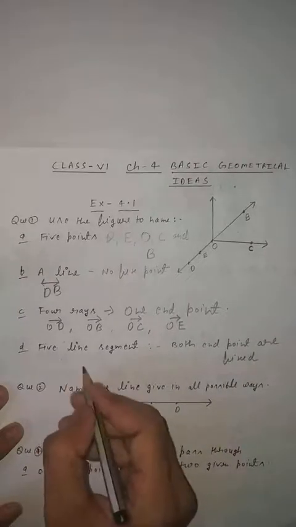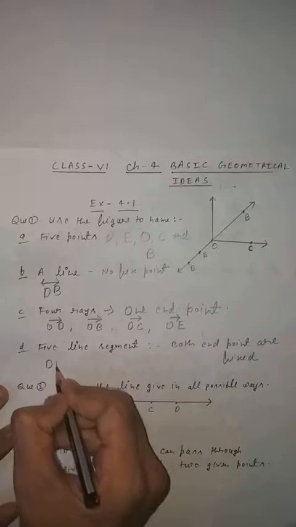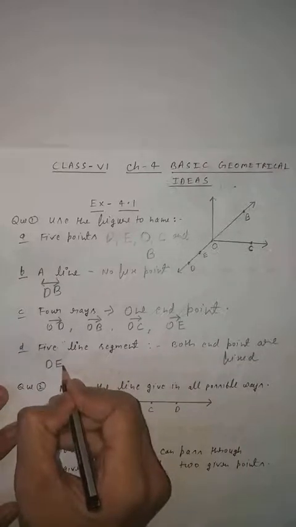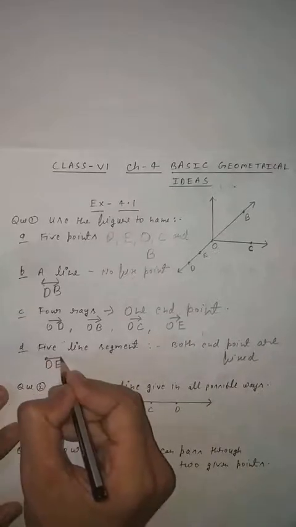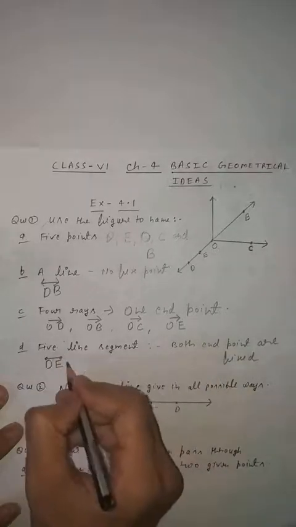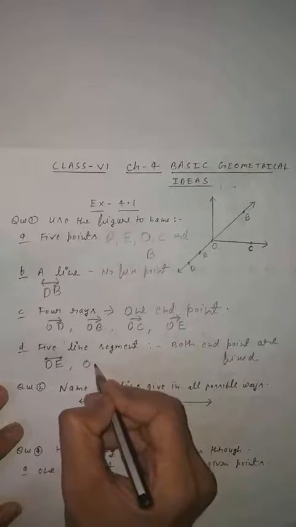Clear? So line segment you can write down DE. You can write down DE is a line segment. Clear students? The sign of a line segment means both ends are fixed. Clear? Or what you can write down? OE also you can write down.